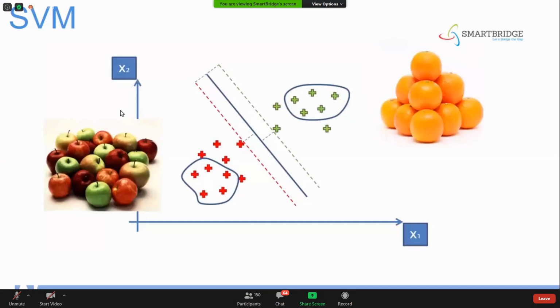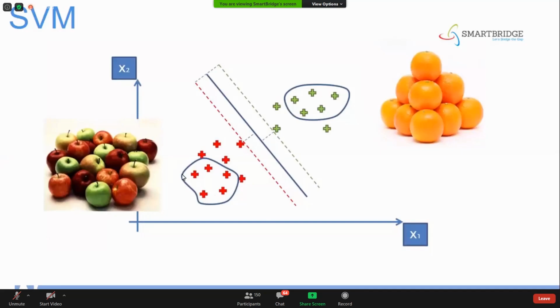Whatever support vectors that we are considering are the apples which look similar to oranges. In the same way, here the support vector is an orange which looks similar to a green apple.